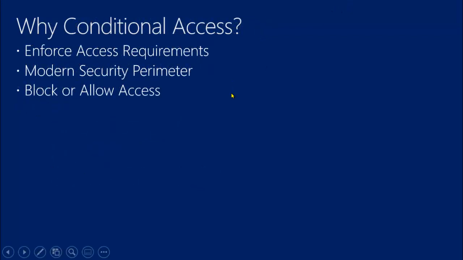So why do we care? Again, enforced access requirements, making sure that as devices and users are attempting to access corporate data, they do so in a secure way, right? That whole discussion of the modern security perimeter now extending beyond the corporate network is a big reason why conditional access is the centerpiece, allowing it to be that gatekeeper that will either block or allow access to that data.